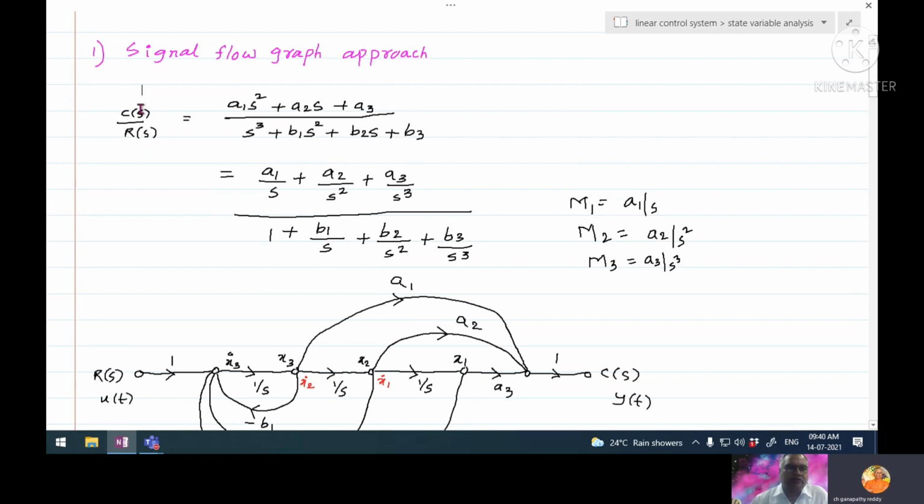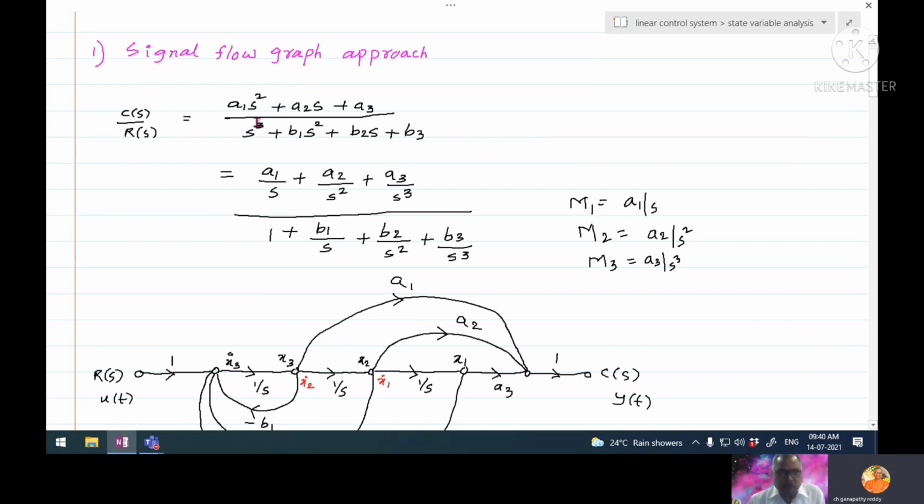Given transfer function output by input, let us say this is the form. Here denominator is s power 3 plus b1 s square plus b2 s plus b3. So the highest power s coefficient should be 1. Then from that onwards b1, b2, b3 like that it will come.